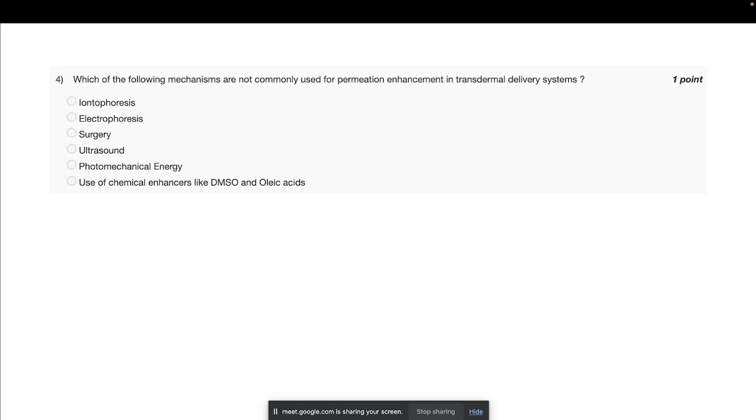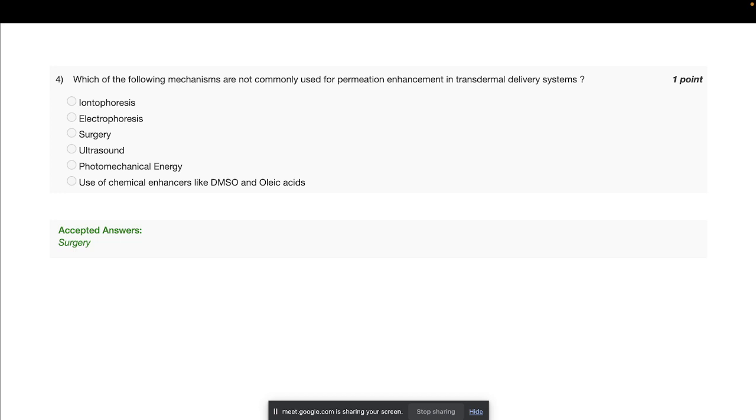Next was, which of the following mechanisms are not commonly used for permeation enhancement in transdermal delivery system? The answer was surgery. Whenever you are giving your drug transdermally, it has to go through the dead skin cells and a lipid layer.